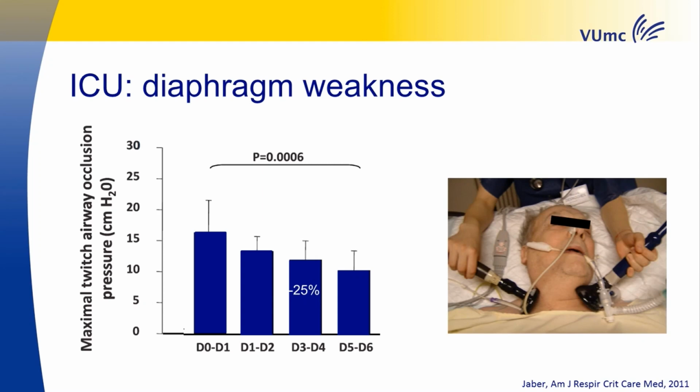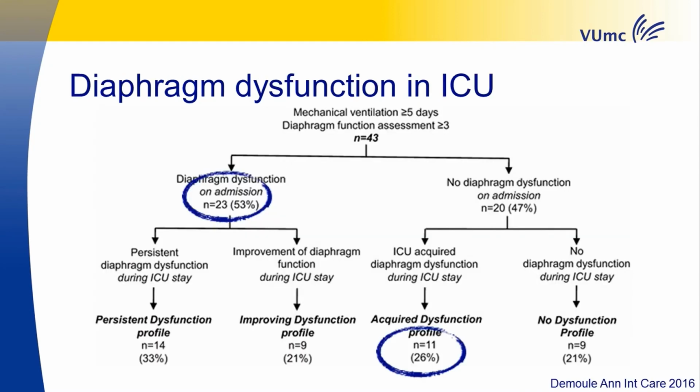So can you imagine? After a few days of mechanical ventilation, you lose a lot of pressure generating capacity of the respiratory muscles. So it goes very fast. And it happens in a lot of patients.